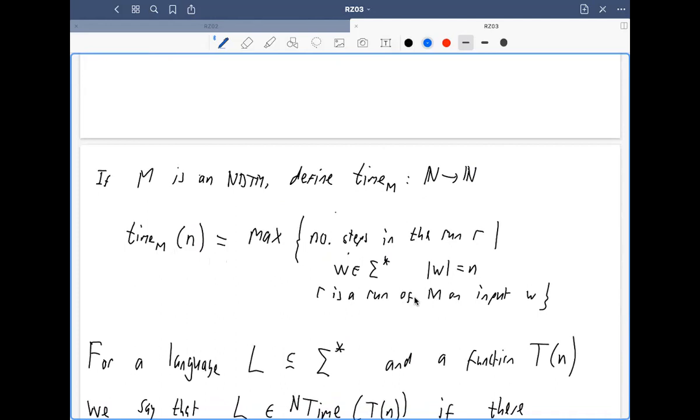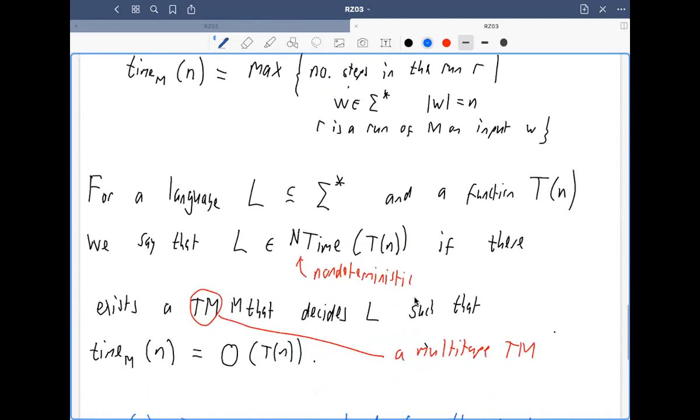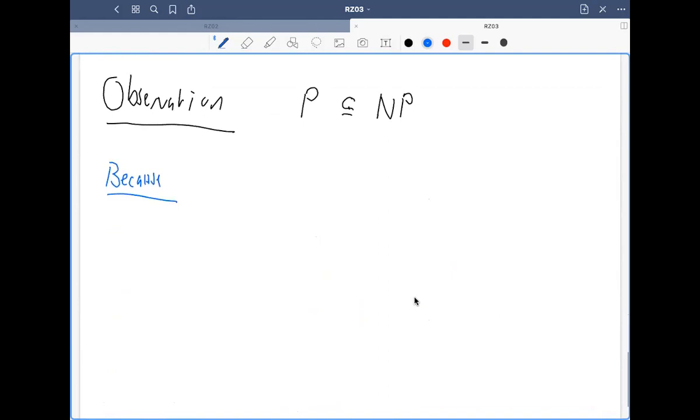Whether you take the non-deterministic definition or the deterministic definition, they both coincide. So because every deterministic machine is trivially a non-deterministic Turing machine, trivially in the sense that it's got trivial non-determinism.